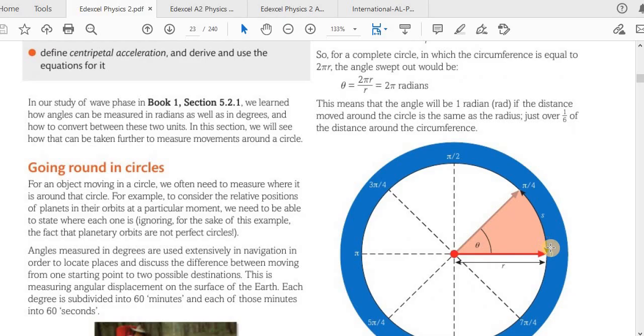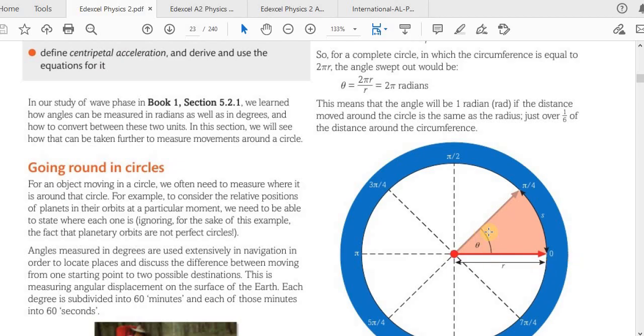So for example, if an object is here and then it moves to here, the object is actually moving in a circular path like this. So let's say the object starts here and then it goes there. Now the center of the circular path is here. Then the angular displacement, now from the name itself you can figure out angular, something to do with angle.